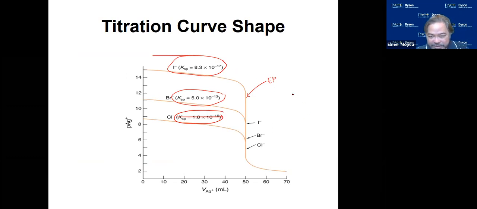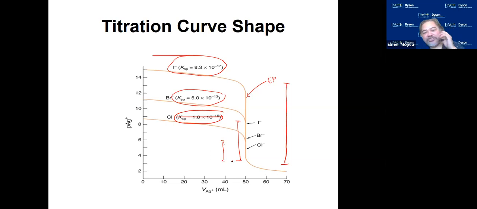The one that is 10 to the 17 is from here. The one from the 13 is from here. And the one with the -10 is just here. So when you say sharper, it means distinct. You can see it right away. So the more insoluble the material is, the sharper the equivalence point.